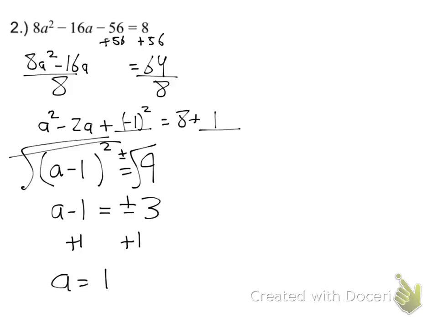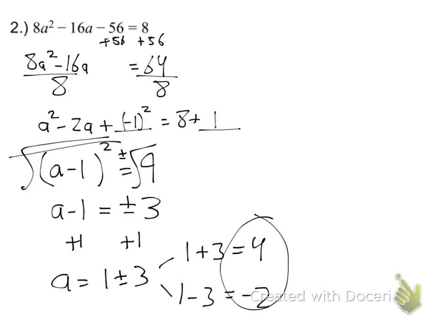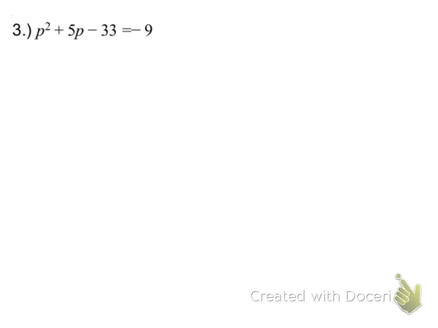So a equals 1 plus or minus 3, or 1 plus 3, which is 4, or 1 minus 3, which is negative 2.